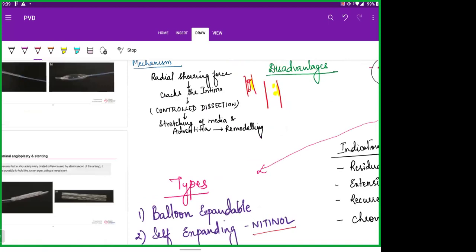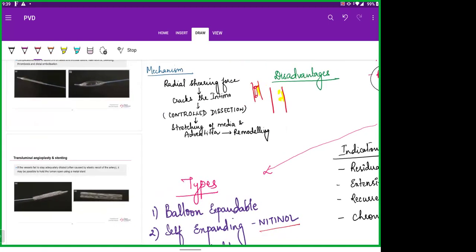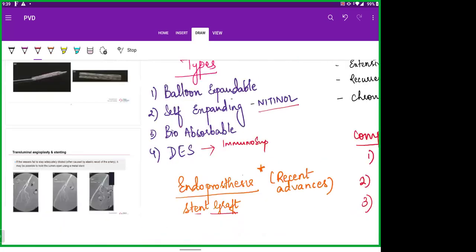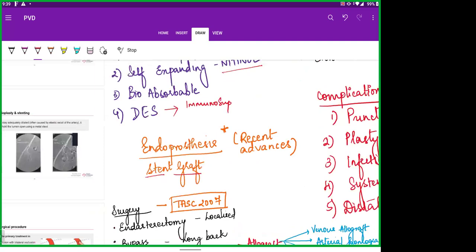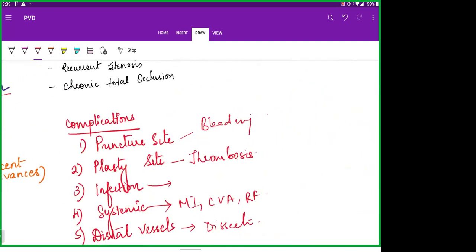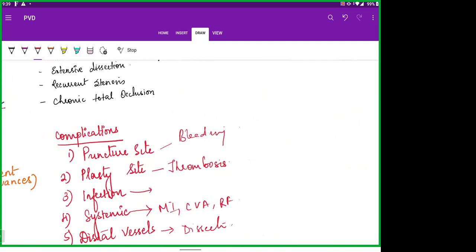Ma'am, regarding this stent with the graft, will it incorporate into the vessel or will it just stay as is? Let me just add on that. As the name suggests, it's called a stent graft. The negative of a stent is that it's only metal, it's porous, because you can't put in a complete steel tube inside. It is a laser cut structure.